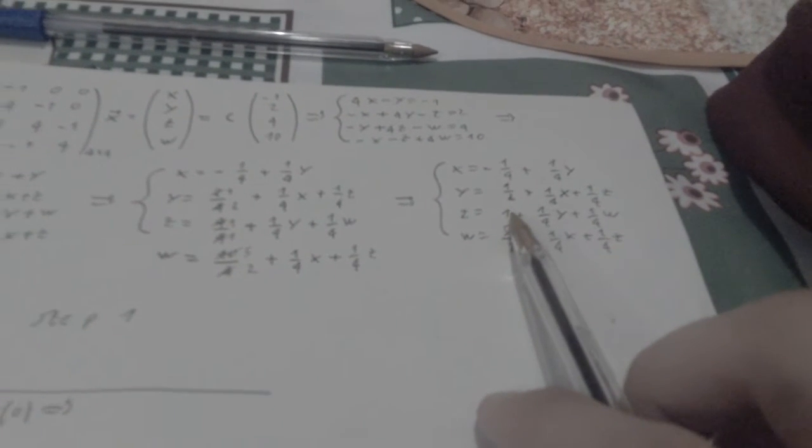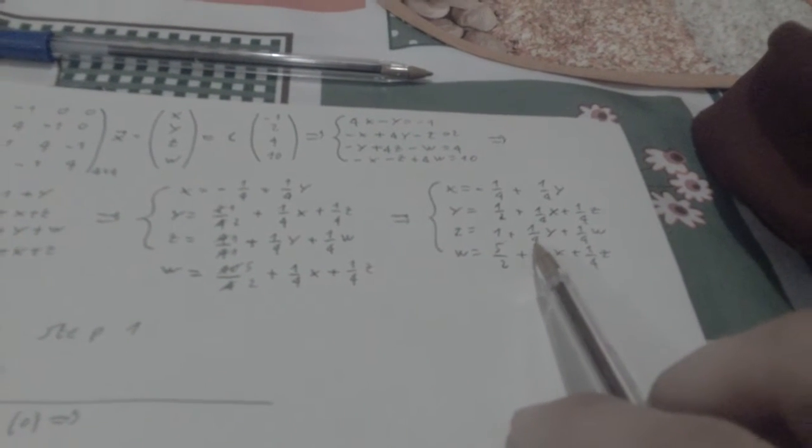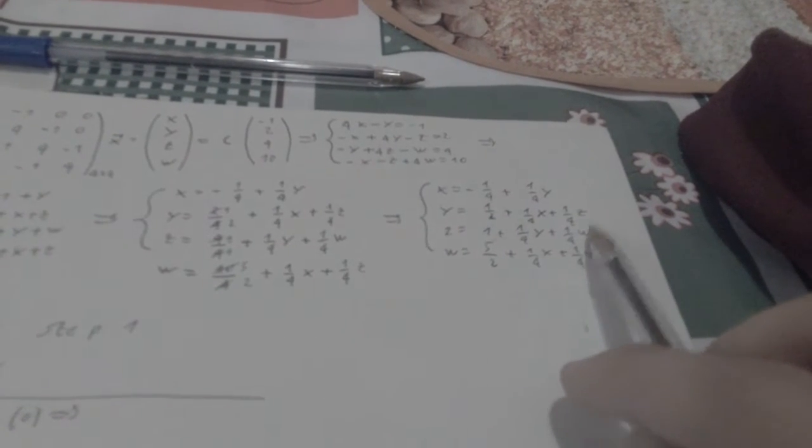So we're basically looking for z now. Let's see the equation for z. Well, z has this equation, so 1, which is a scalar, is not dependent on anything, plus 1 over 4 y, so it's dependent on y, plus 1 over 4 w, so it's dependent on w.